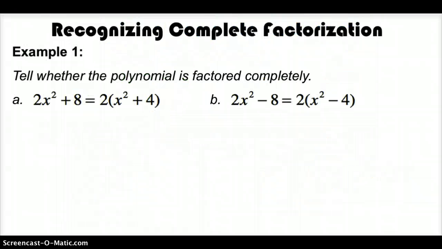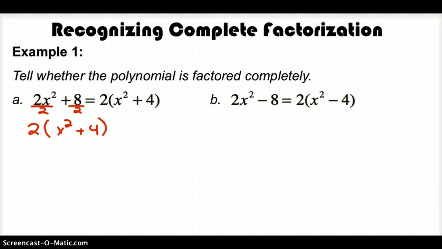Okay, so let's look at this. Let's try to recognize which one of these is complete factorization. It says, tell whether the polynomial is factored completely. In part A, it looks like what they did here is they said, well, there's a 2 and an 8 they can take out here, so we could take out a 2 and write this as 2 times, and then what's left over here is going to be x squared plus 4, right?